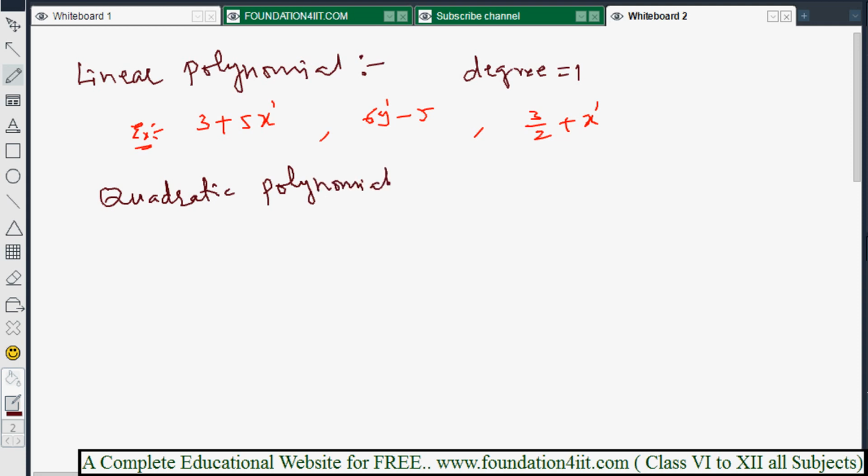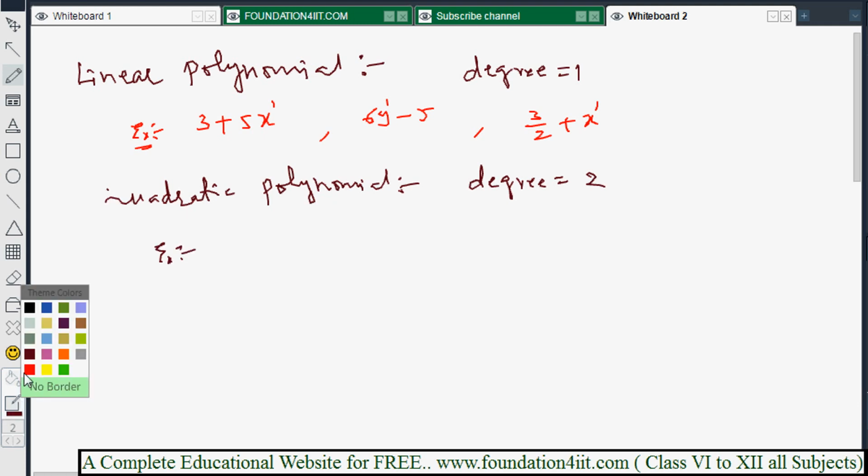Quadratic polynomial means the degree should be 2. Degree is nothing but the highest power of the polynomial. So a polynomial having degree 2 is called a quadratic polynomial. Similarly, 8x square minus 7x plus 2.